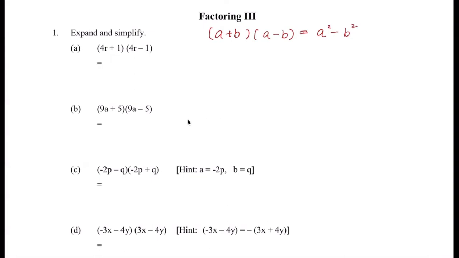If we compare the question and the formula, we can easily realize that this question is of this form. In the question, A is equal to 4r, B is equal to 1. So 4r plus 1 times 4r minus 1 is the same as A plus B times A minus B. The form is the same.